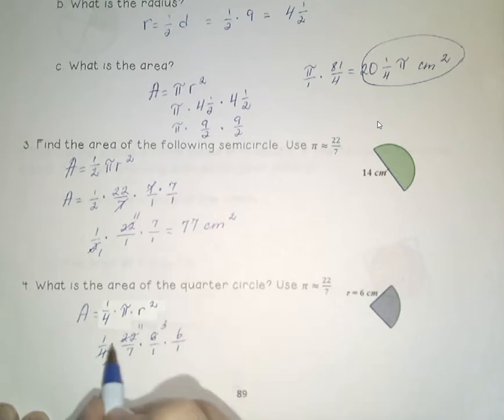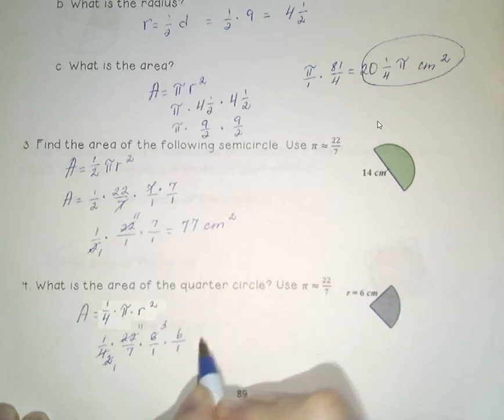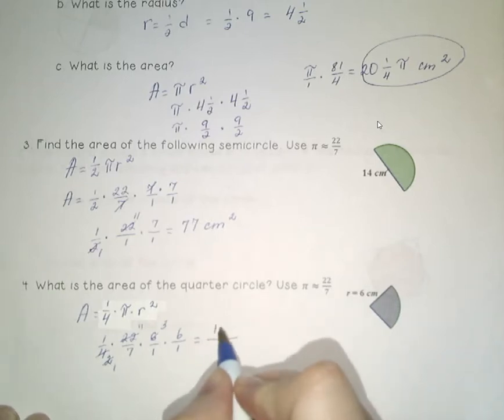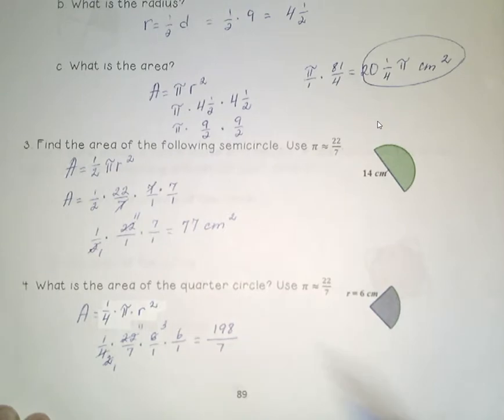Okay, so now I'm going to multiply 11 by 3 by 6 in the numerator, and I have 7 left in the denominator. So I will go 33 times 6 is 198. 198 sevenths.